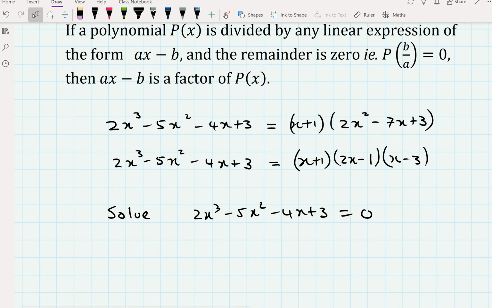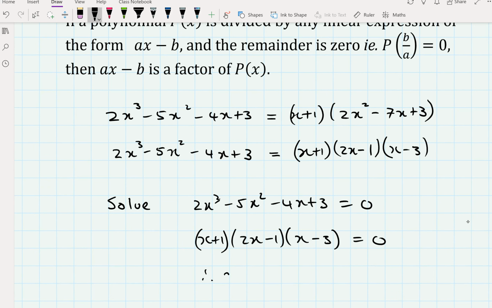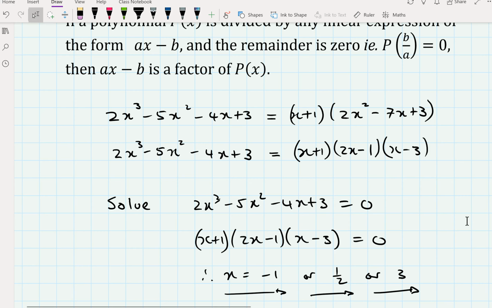So you now have a way of being able to see if you can factorize and therefore solve this cubic, because we've just seen this cubic can be written as the product of these three factors, and so therefore I can say x is going to equal minus 1 or a half or 3. Any one of those 3 is a possible solution to that cubic graph, that cubic function.